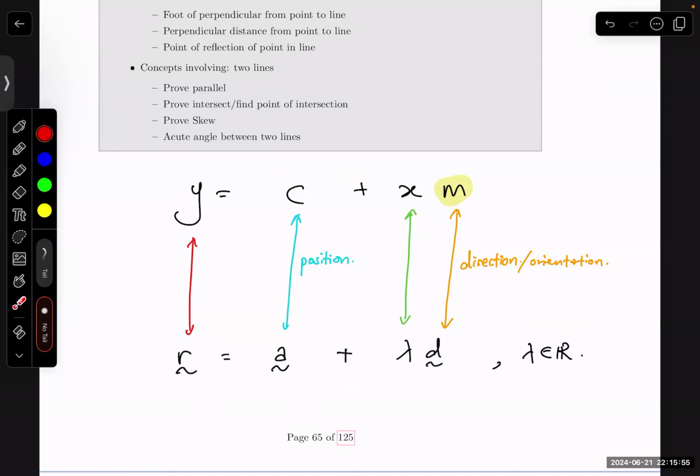In a 2D line, y equals mx plus c, x is the independent variable and y is our dependent variable.